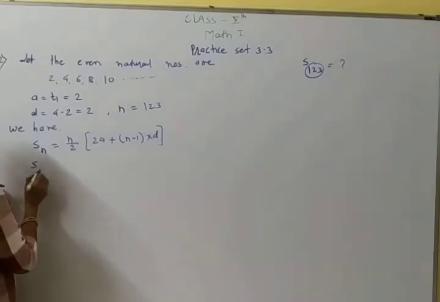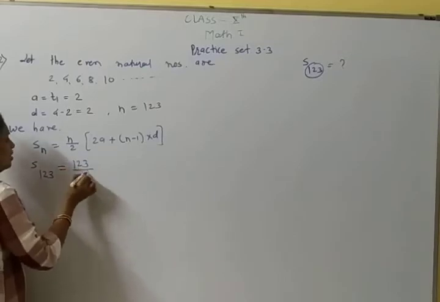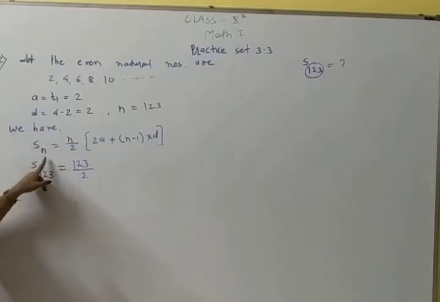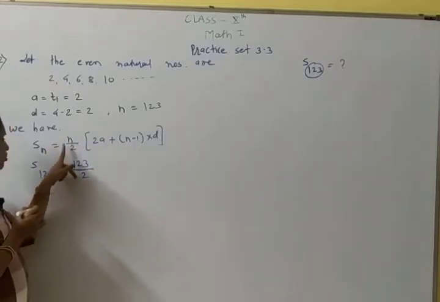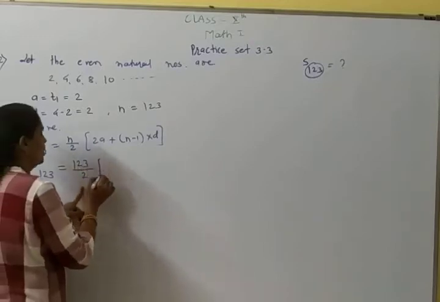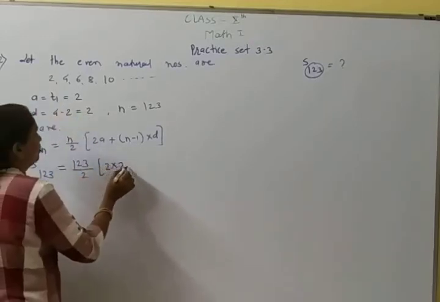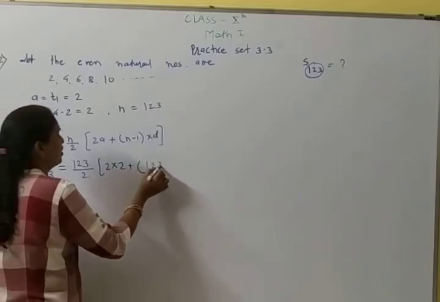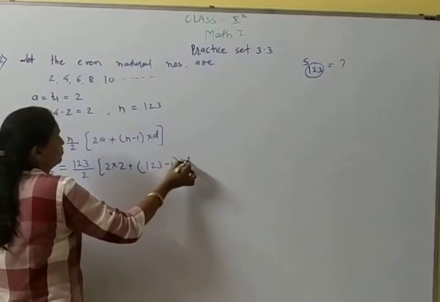So S123 equals 123 upon 2 into (2 into A, where A equals 2, so 2 into 2, plus (n minus 1, that is 123 minus 1) into D, where D is 2).